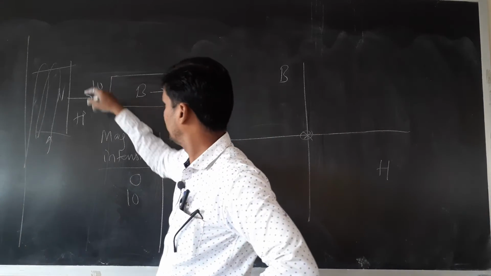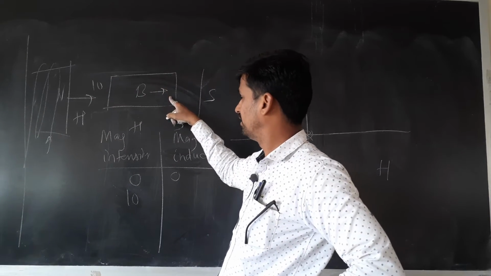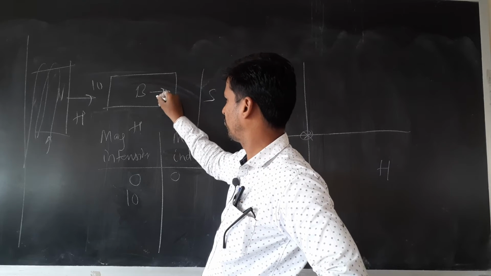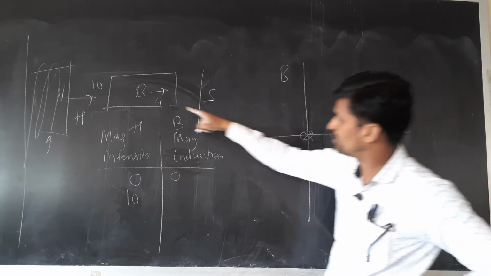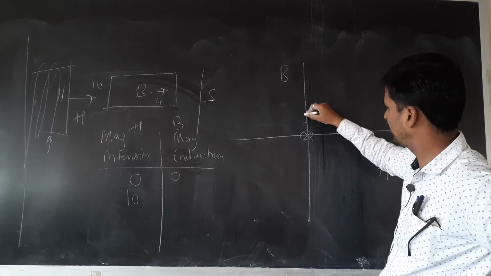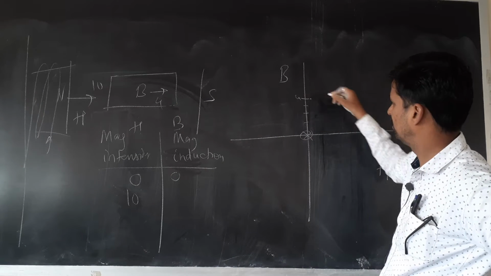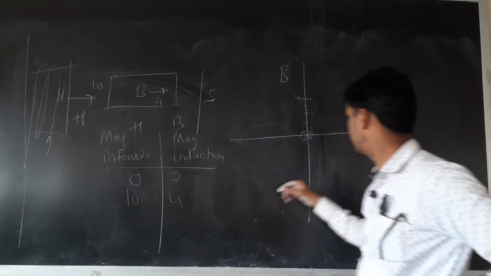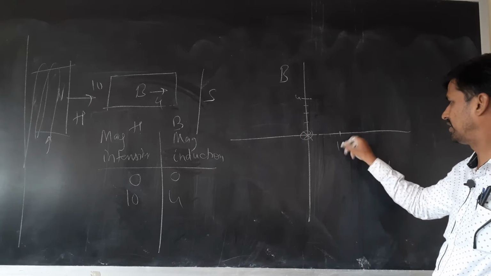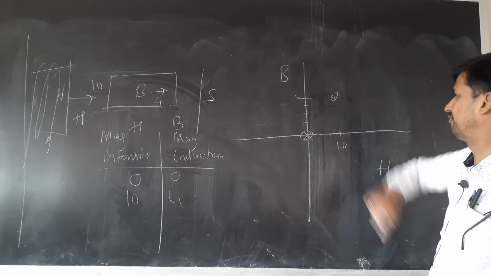Applied is 10, it may not be magnetized fully, maybe it is magnetized by say 4. Let us plot this graph. How much is produced is 4, and how much we have applied is 10. This point we have got.